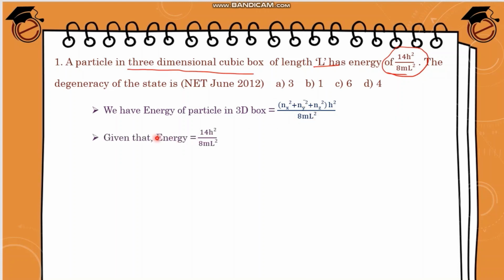It's given that the energy is 14 h square by 8 m L square. On comparing these two values, nx square plus ny square plus nz square equals 14, that is, the sum of squares of levels gives the value 14.